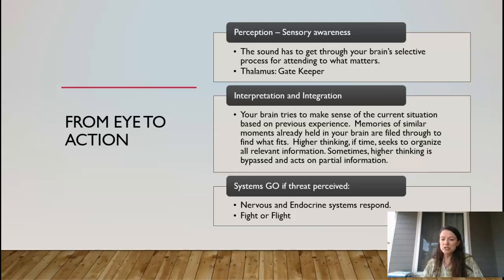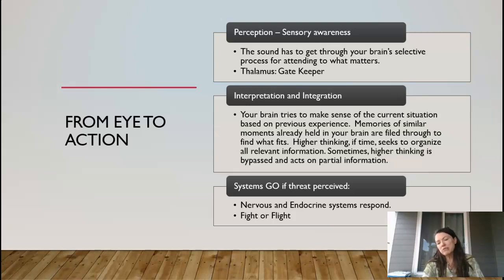So the body does want to register things that it considers as threats pretty quickly and react to them, rather than having to think about them all the time. This is where we can get into trouble. Sometimes higher thinking is bypassed in these situations. If the brain interprets this as a threat, all the alarms go off, and the nervous and the endocrine systems respond, and we get fight or flight.